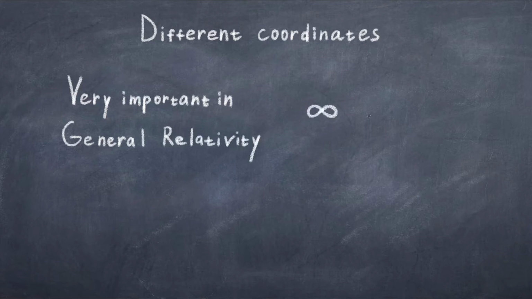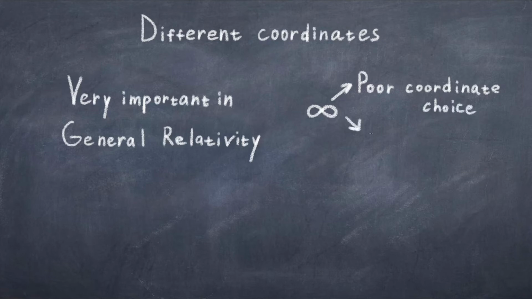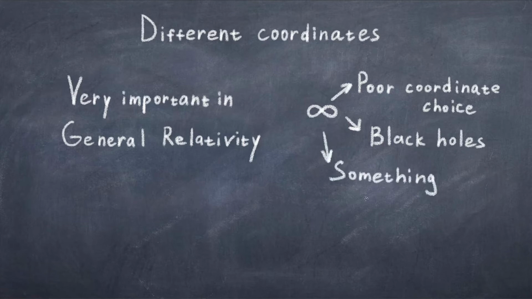In some coordinate system, you might get an infinity at some location, but using different coordinates, you will not get an infinity at the same location. Sometimes infinities just mean that you chose your coordinates in an undesirable way, but it can also indicate that something special happens at this point, like it could be a point of a black hole. We will talk about this more when we get to general relativity.